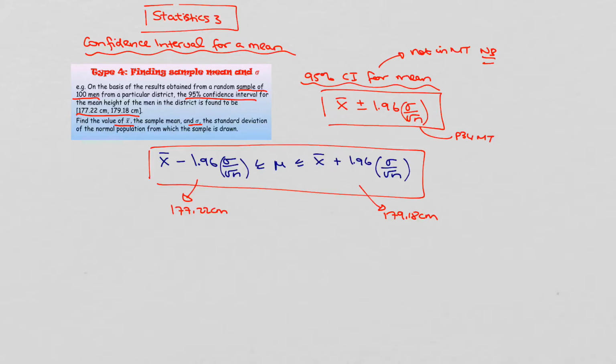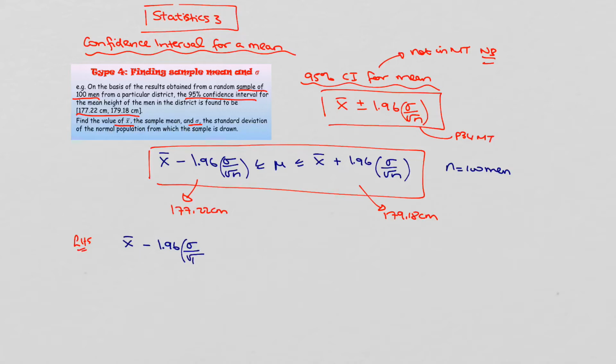So in other words, if I take the left-hand side of the equation, I have the sample mean minus my critical value, 1.96, times sigma over root n. Well, what is n? n is 100 men.